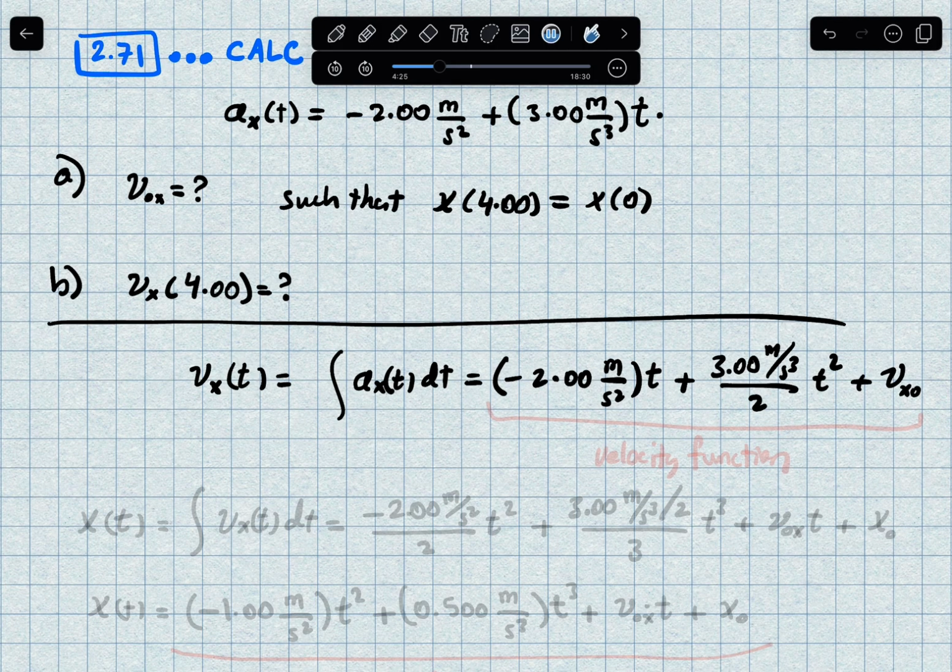I also need to work out the equation for, let me actually write that, this is the velocity equation, or the velocity function.